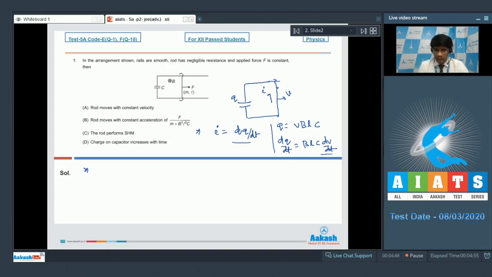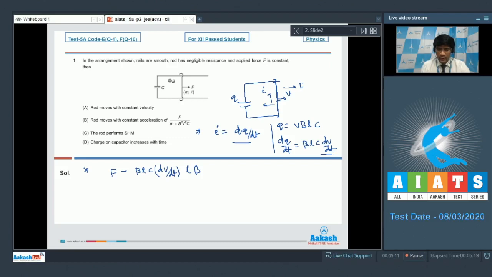Now another equation. Acceleration of this rod: M a would be F, that was acting along this direction, minus the magnetic force that is in the opposite direction. It must be ILB. I is BLC dV/dt. This is the value of I into LB.